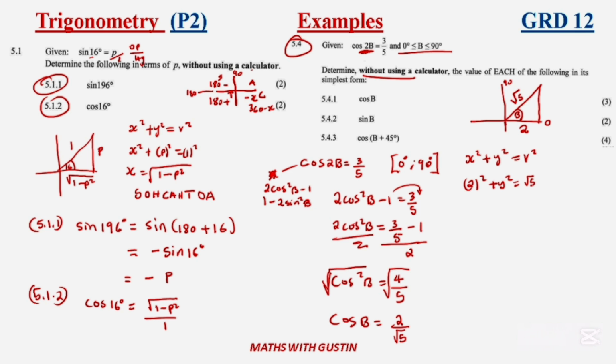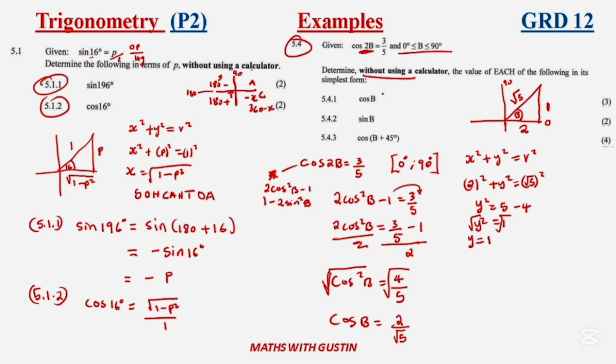Therefore, square root of 5 all squared, take the other one to the other side, is going to be 5 minus 4, which gives us 1. So if you take a square root on both sides, y is equal to plus or minus 1, which in this case will just be positive 1.